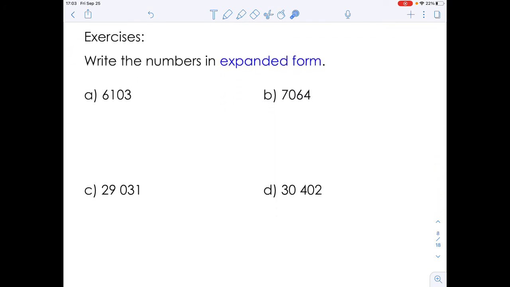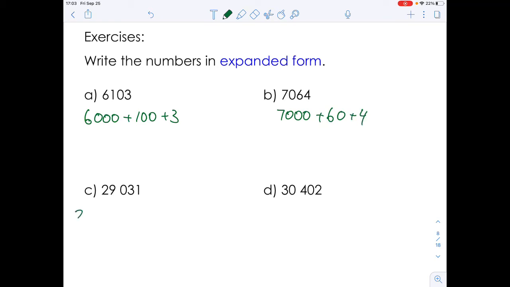All right, here we have some bigger numbers. Let's try these in expanded form. Pause the video again and come back when you are ready. For A, we have 6,000 plus 100 plus 3. For B, we have 7,000 plus 60 plus 4.